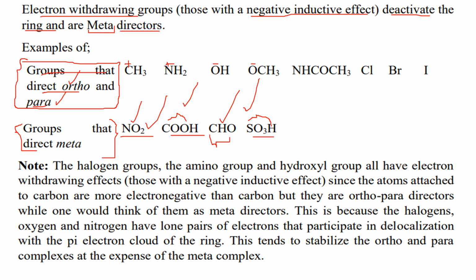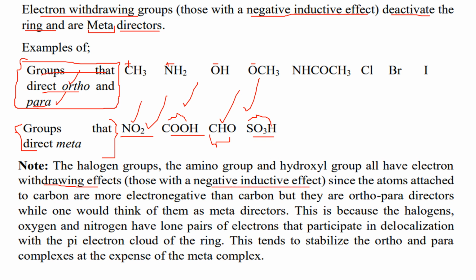So if you go to the notes, in the note you are saying that the halogen groups, the amino group and hydroxyl group all have electron withdrawing effects. And electron withdrawing effects, I told you, include the negative inductive effect.